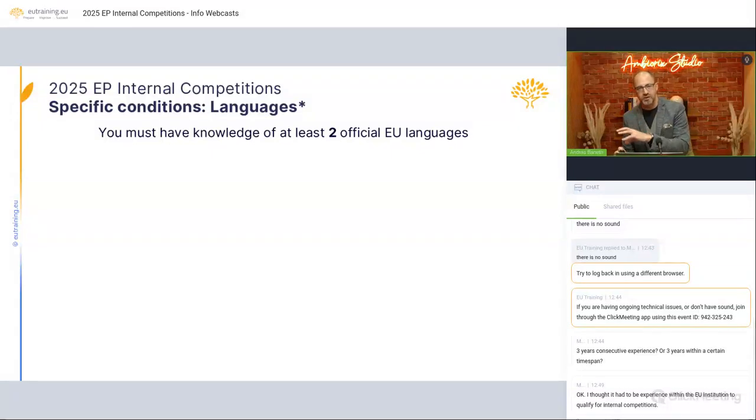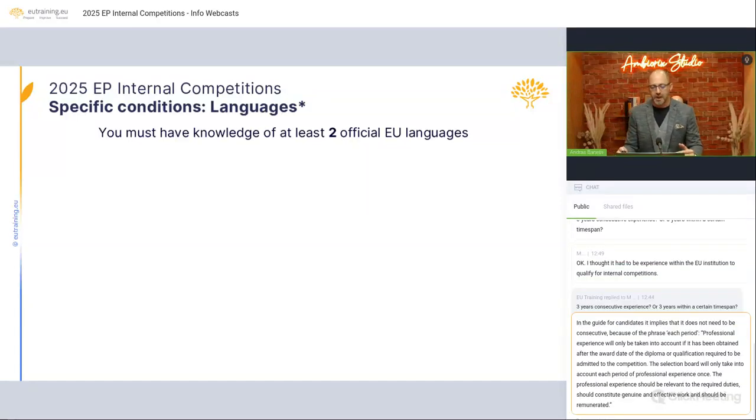This one is very specific to one institution, the European Parliament, where they can somewhat diverge from the general way the linguistic regime has been changed for the open competitions. So this one is an internal one, and therefore the linguistic part is as you will see in a second.